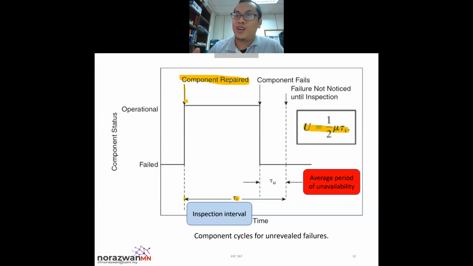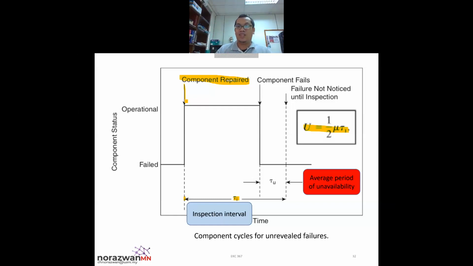Tau I is the inspection interval. It is a duration, the time for your inspection. Once your component is repaired, you know it is in good condition. For example, your emergency car tire is in good condition, and you make your inspection in January.